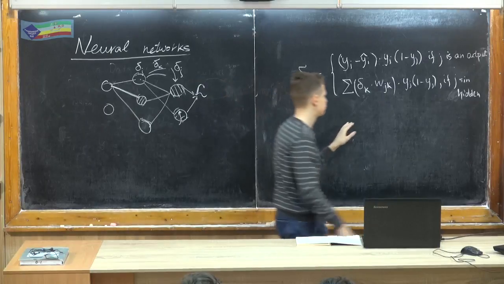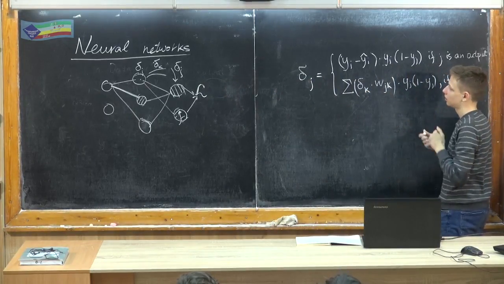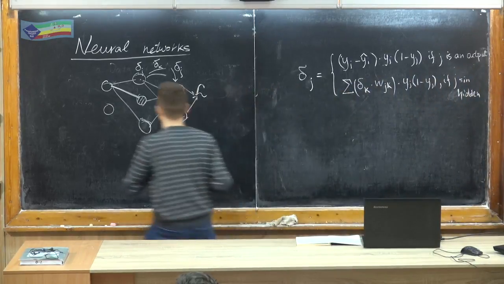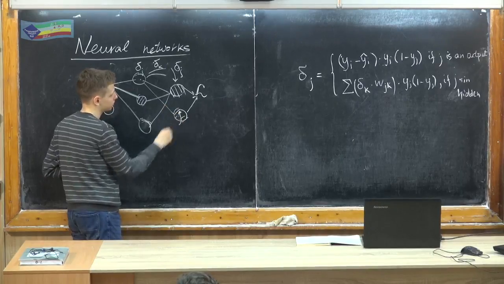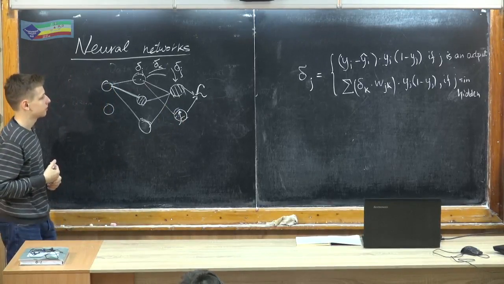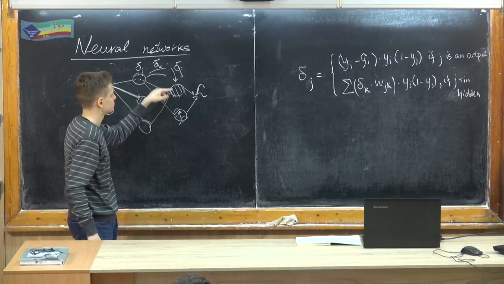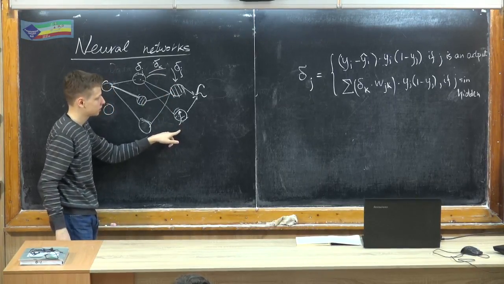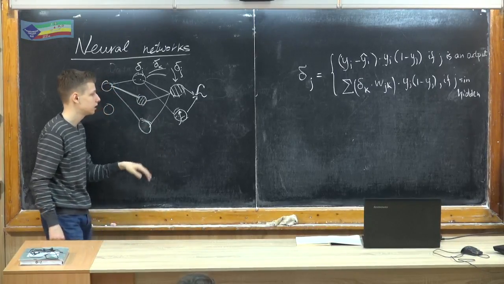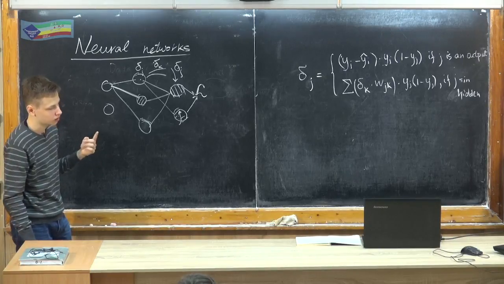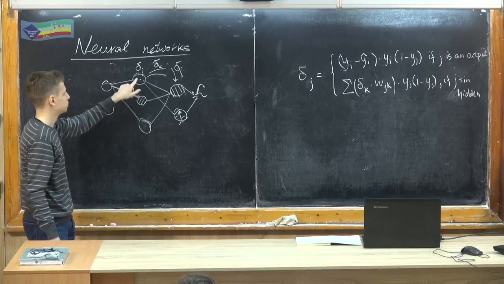And it's done by summing delta k multiplied by weights, and weights are defined from j neuron to the k neuron. So firstly we need to calculate delta j with respect to an output neuron, then for a hidden layer using the previously calculated delta. And if we have more than one hidden layer, then we can continue this algorithm by using the new delta k.